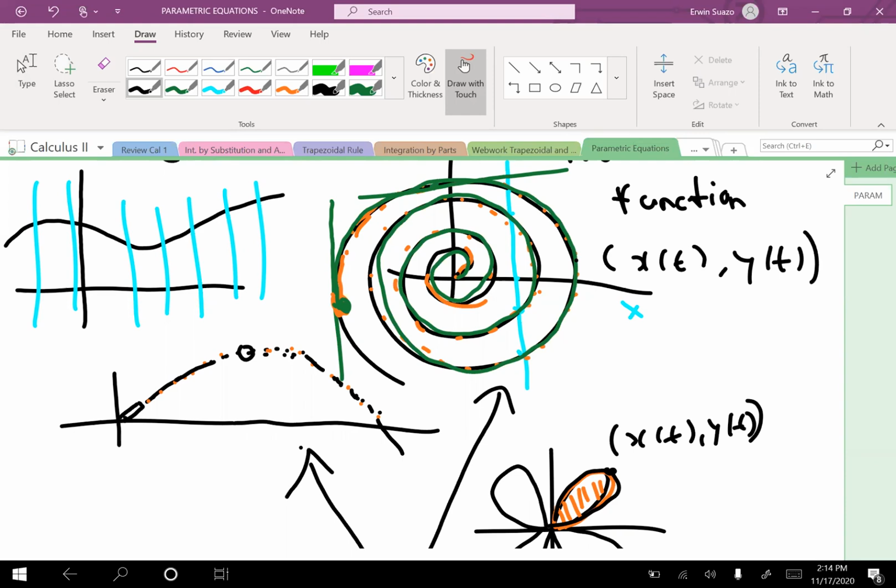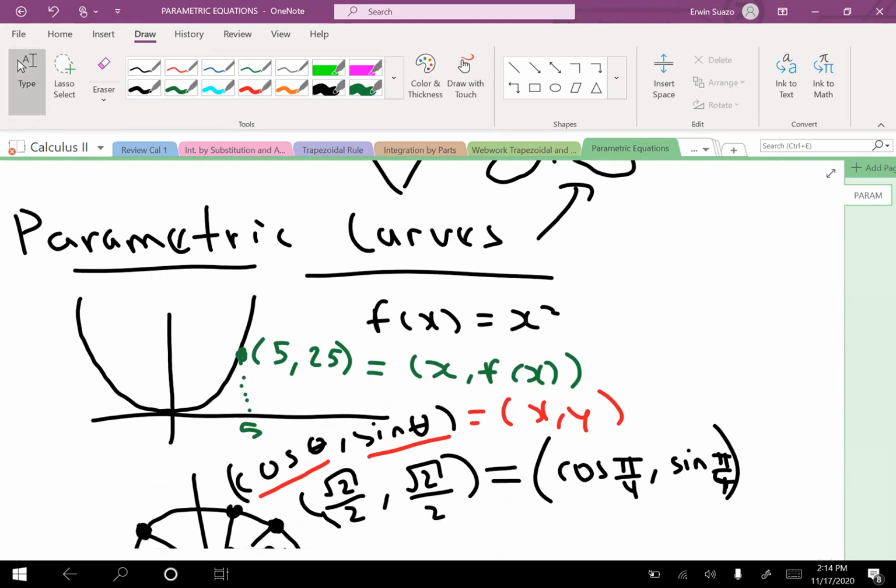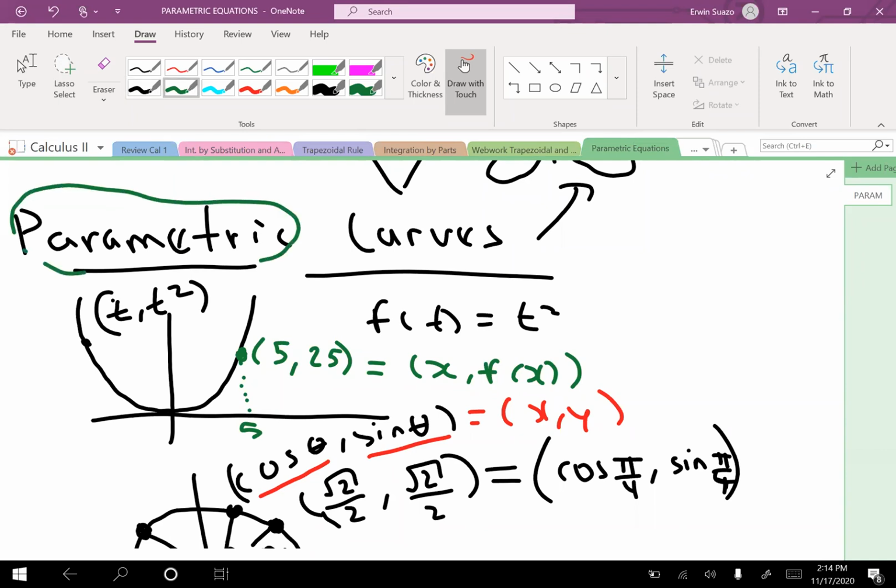And in this case, you could forget about x. Since we are talking about parametrization, you just say t squared. So this is f of t squared. And any point over here is going to be t comma t squared. You see? So everything depends on only one parameter. That's what is called parametric. There is only one parameter, and it's basically time.